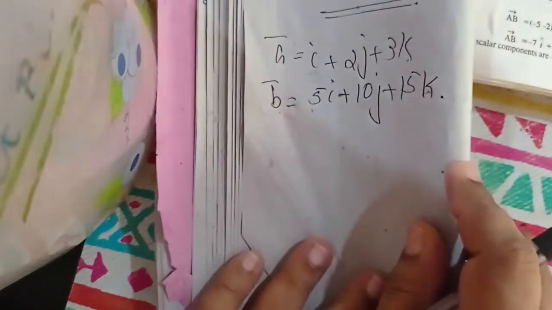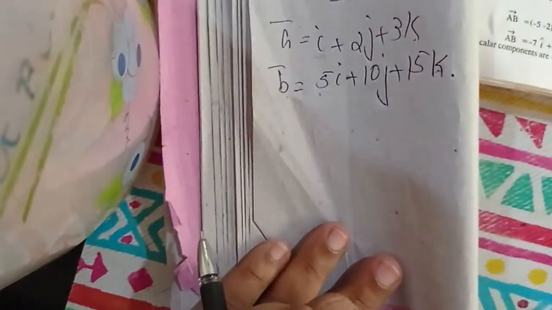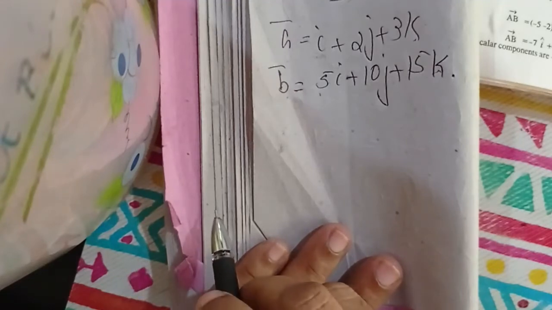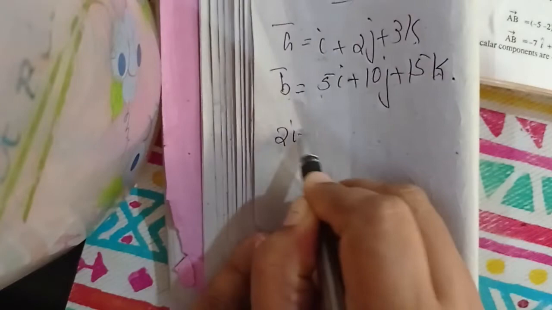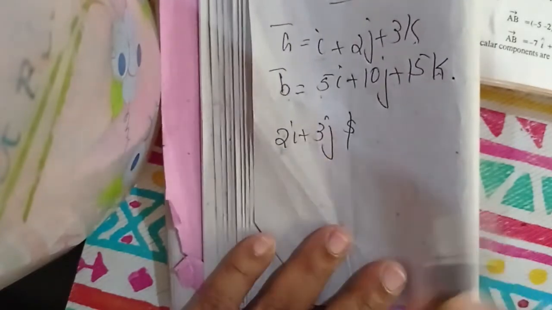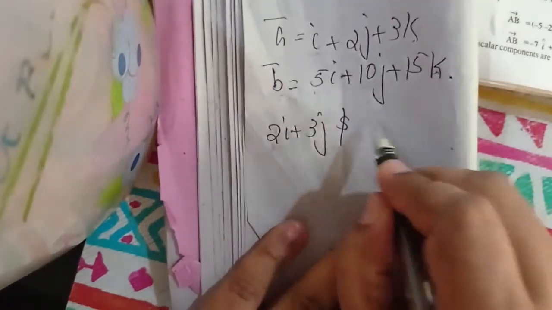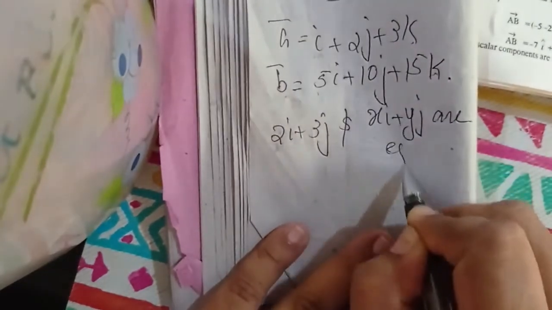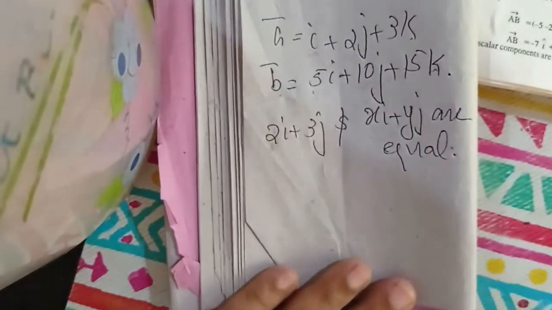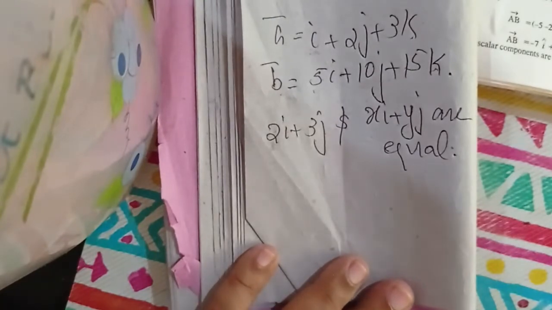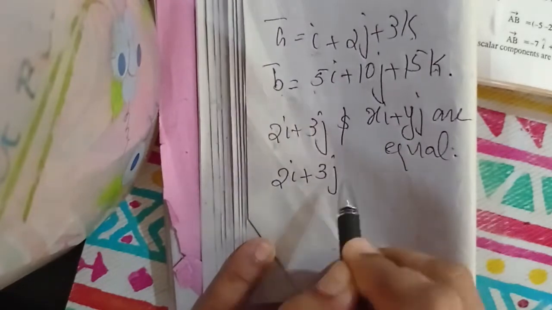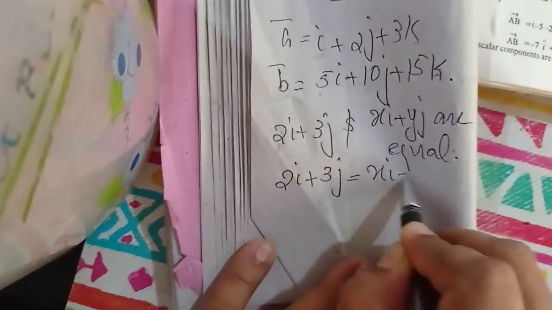Next question. Find the value of x and y so that 2i plus 3j and xi plus yj are equal. These two vectors are equal, which means 2i plus 3j equals xi plus yj.